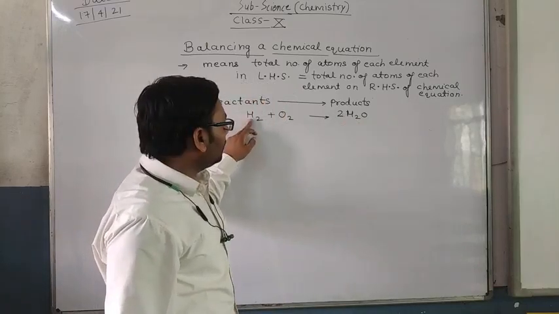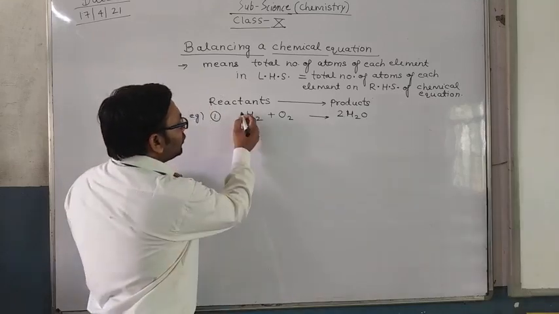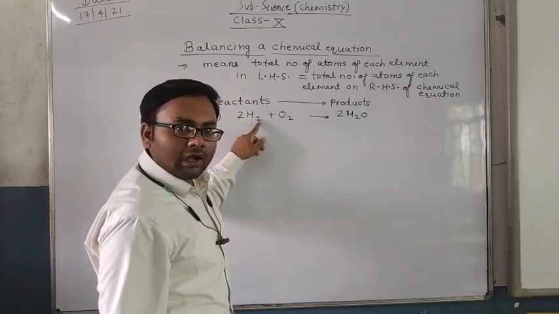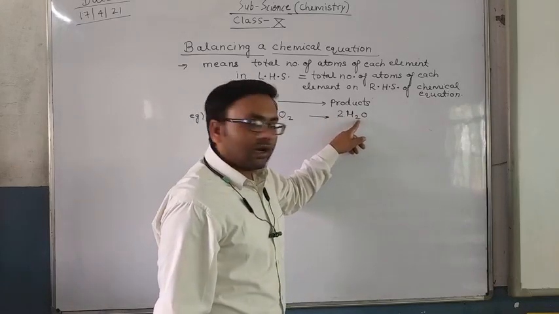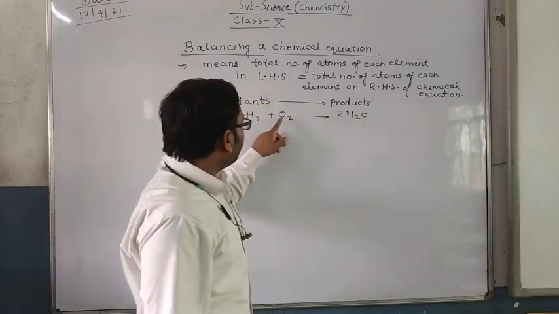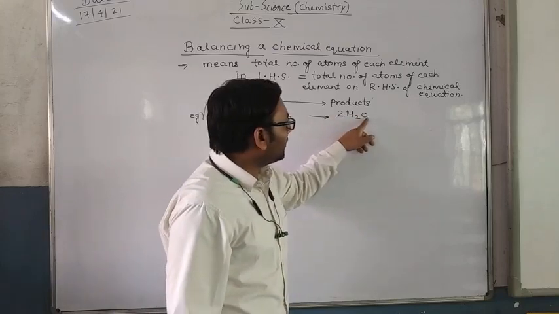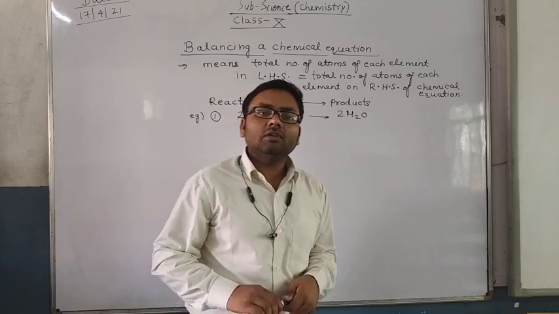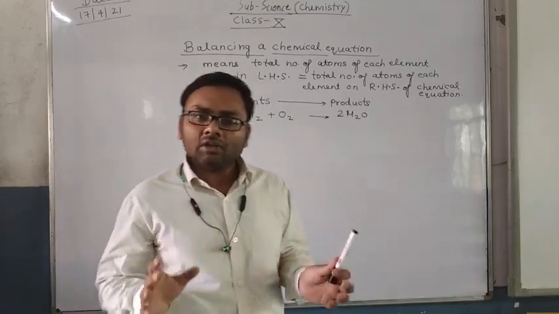So to make this 4, I will have to use one more coefficient, that is 2 here. Now 2 times 2, hydrogen 4, balanced. Here oxygen is 2 and here also oxygen is 2. So now this is a balanced chemical equation.